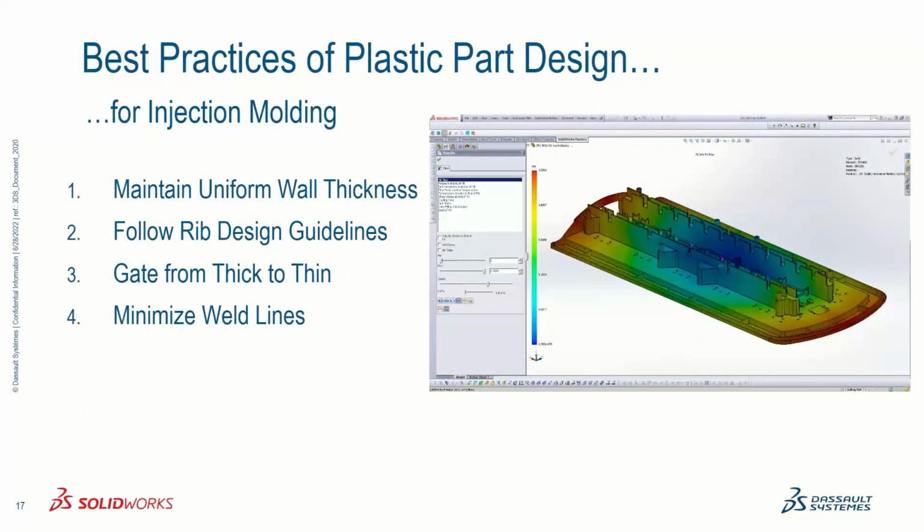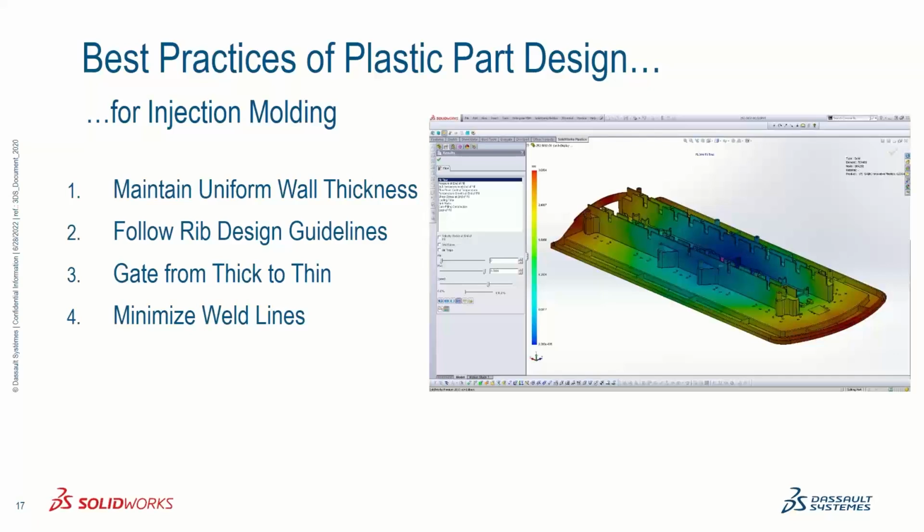So now that we've covered some background on plastic materials and the injection molding manufacturing process itself, let's talk about some best practices for plastic part design. Certainly there are many more best practices than we are able to cover today, but we're focusing on some basic ones that, if you follow them, will help you avoid a lot of the problems that manufacturers incur when they get to the manufacturing stage.